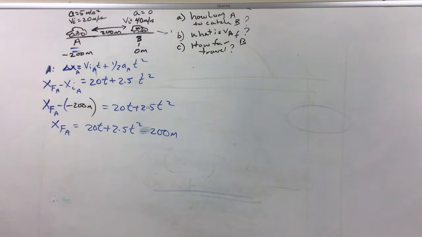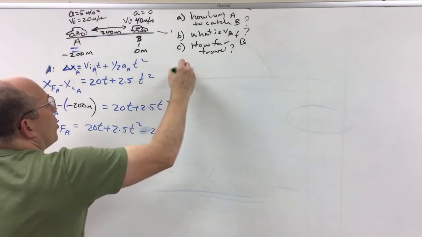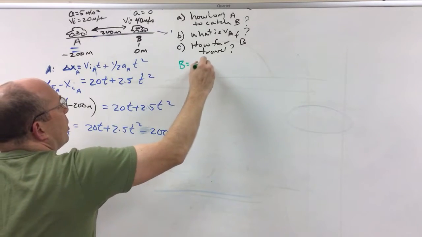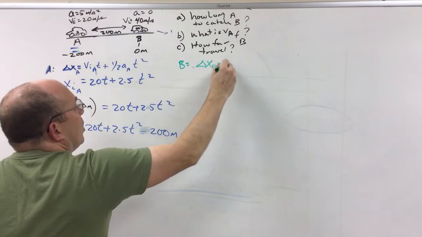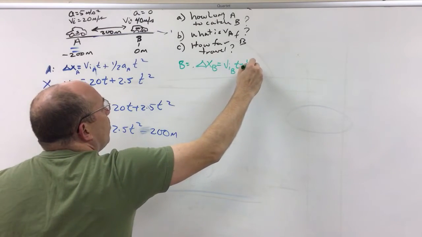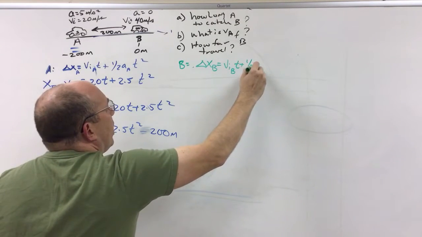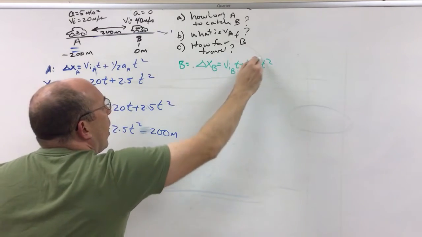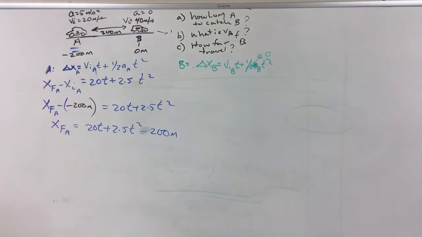Okay, now I can have a function for car B. B does not have any acceleration. I'll write the equation now. Delta xb, vi b t plus 1/2 acceleration of b t squared. That term is 0. We're not accelerating.